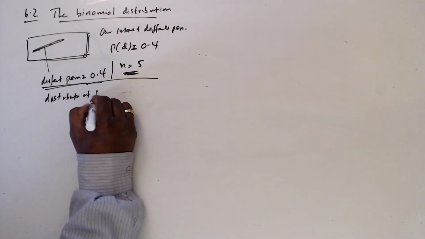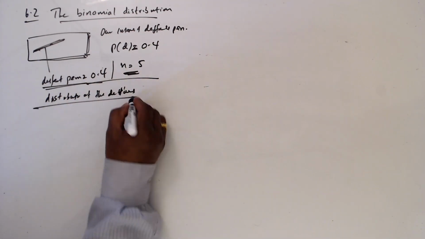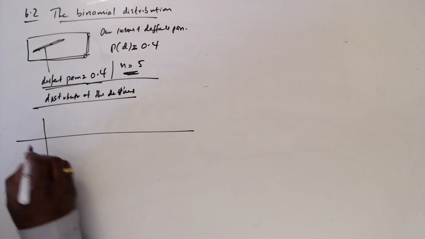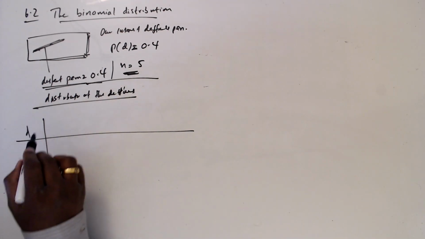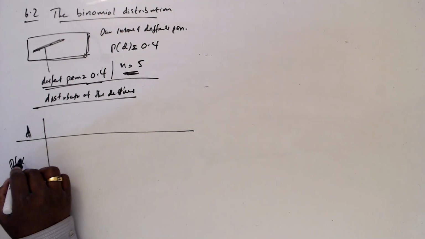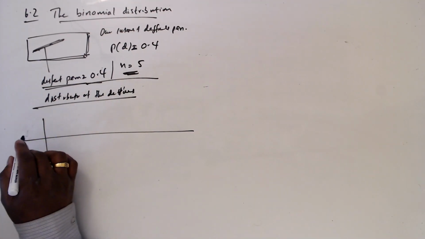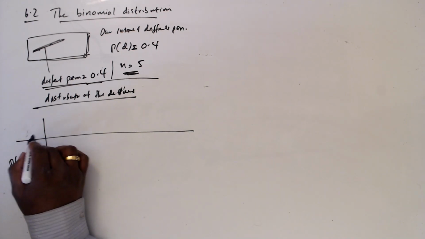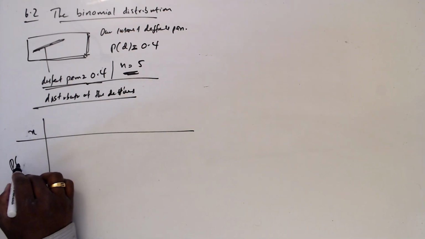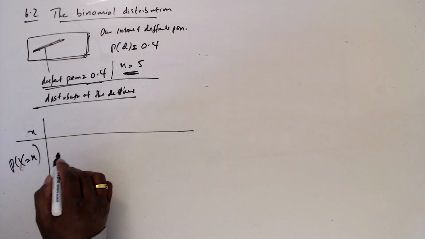When you order, this is D, probability of, I will write this as X, X equals x.